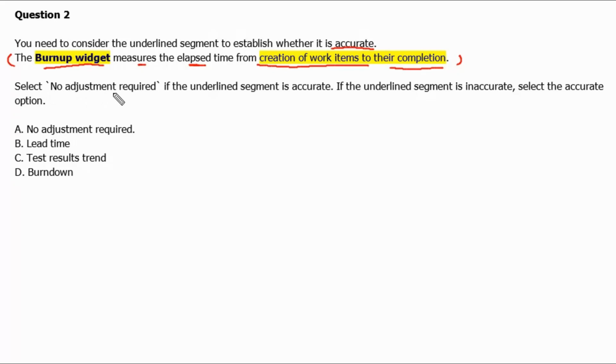Select no adjustment required if the underlined segment is accurate. For sure, this statement is not accurate, so no adjustment is not one of the options. If the underlined segment is inaccurate, as it is, select the accurate option. So we have three choices now, and we need to select the accurate one.